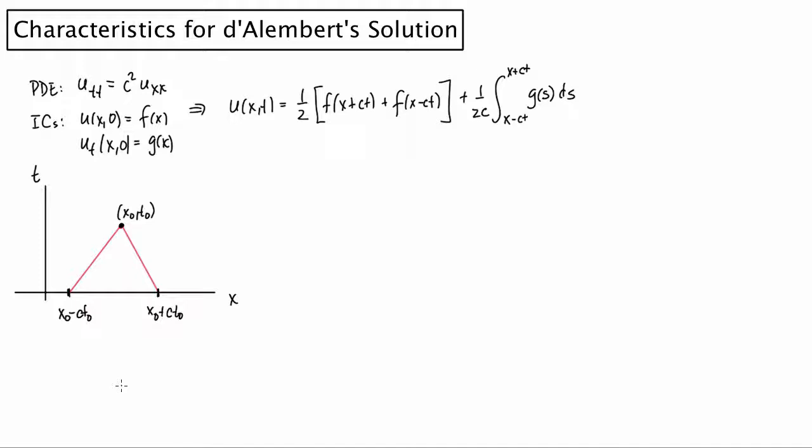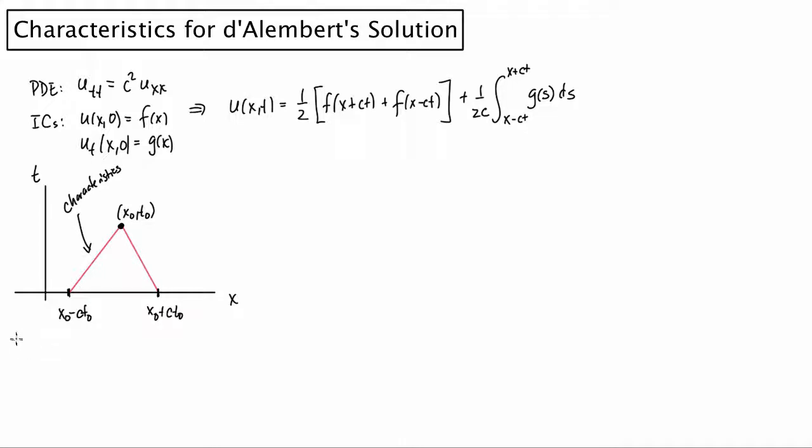And since this point x0, t0 depends on these initial values here, remember these are characteristic lines, then we know that the solution depends on those characteristics. You can see it right here.